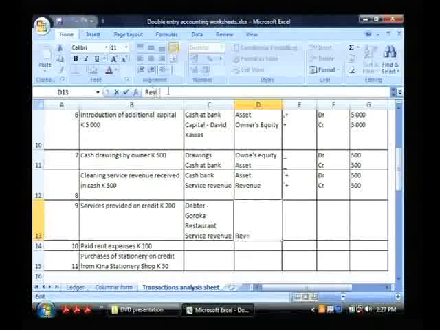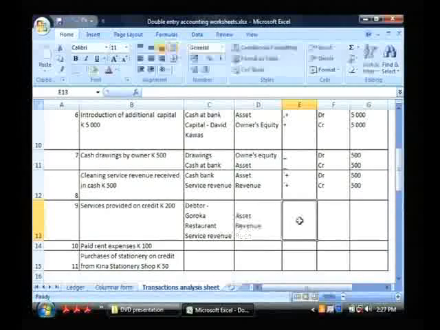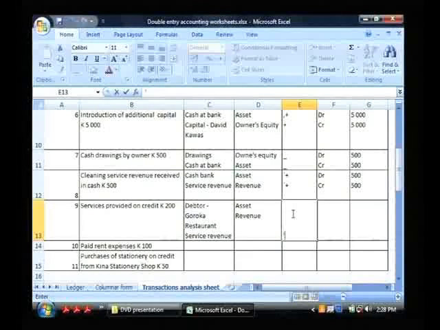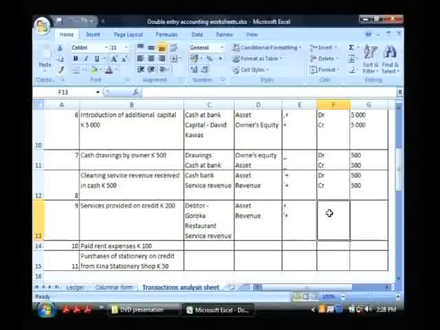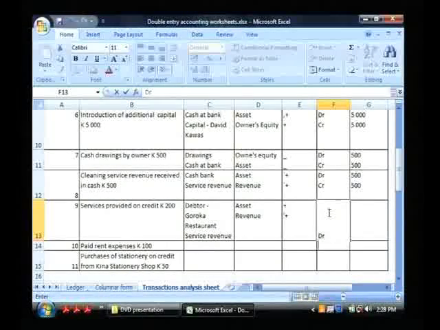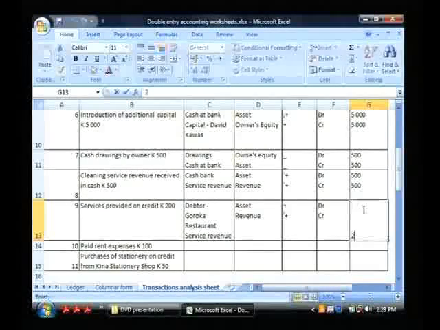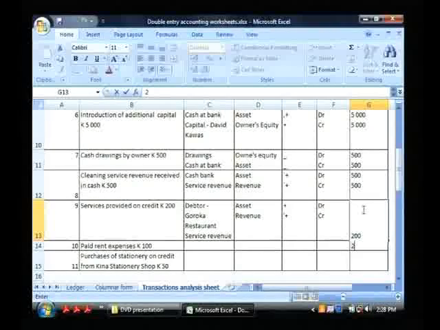Service revenue is classified as revenue, then increases and decreases. Debtor is an asset, therefore it is increase. Revenue also increased. Asset increases debit, revenue increases credit. Now the last column, amount involved is 200 and 200.